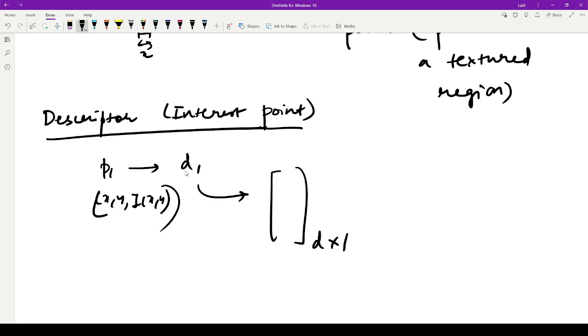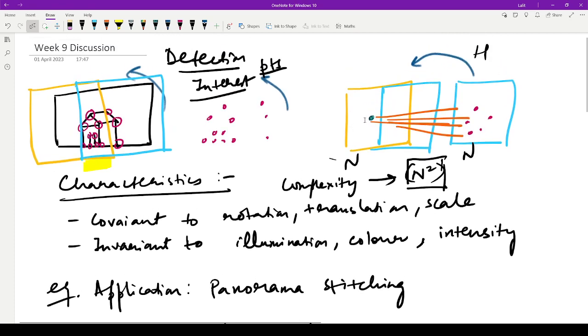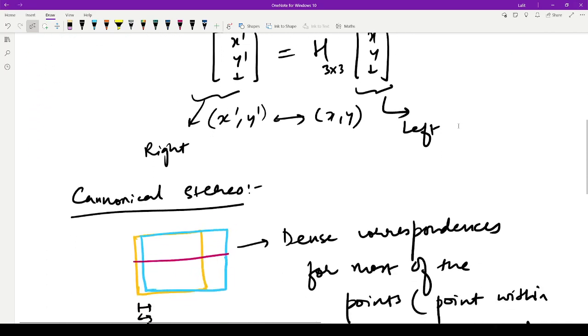D is the dimension of the descriptor D1, and this descriptor should give you some information about how this pixel value is with respect to its neighborhood. Once you get that distinction, you can easily define the interest point uniquely. Then you can do n square matching, as we saw, and get the specific match for the left image to that of the right image.